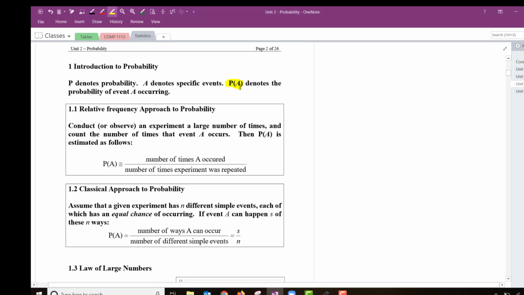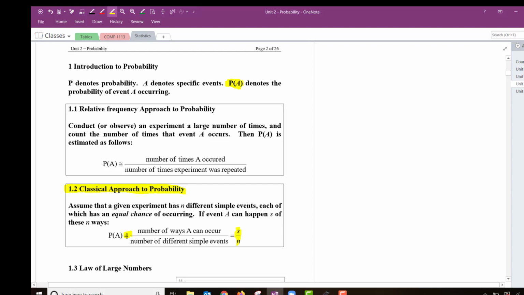Classical probability is defined here, where the probability of some event A happening is just the number of ways that A can happen divided by the total number of things that can happen. I'll denote that by S over N. That's the ideal where you can calculate the exact probability of something happening.